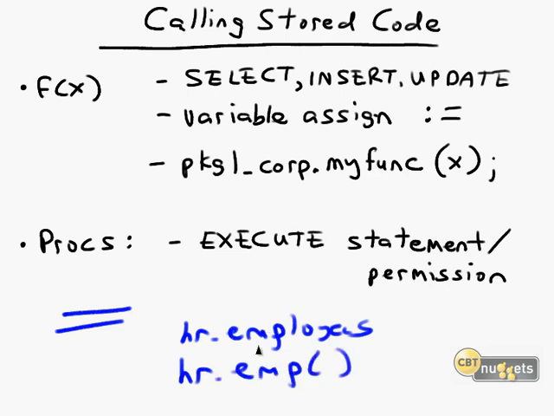So if a user who's not in the HR schema tries to call emp without the HR prefix, there could be problems, you see. That's a guiding principle, not only for those who are calling stored code, but when you're writing stored code and referencing database objects between your begin and end block, you have to think of who is the calling schema and will Oracle be able to successfully perform name resolution to locate that object. So keep that in mind, number one.